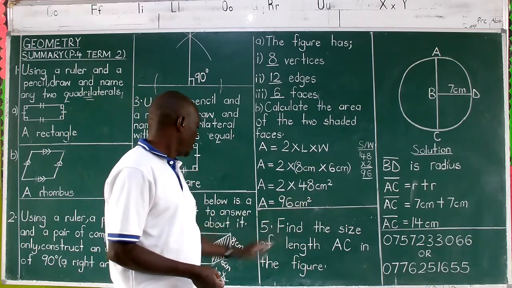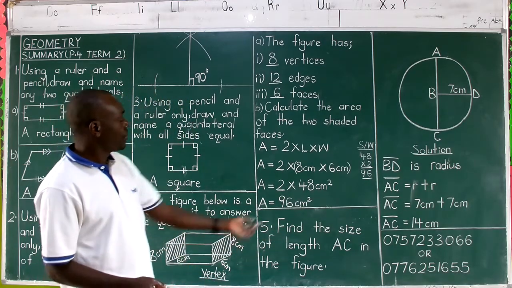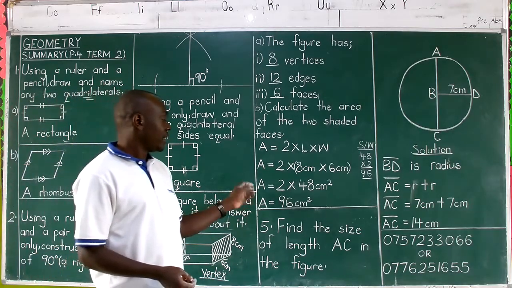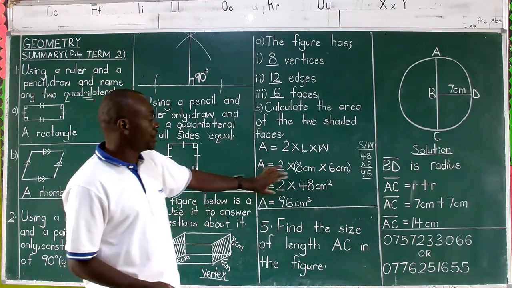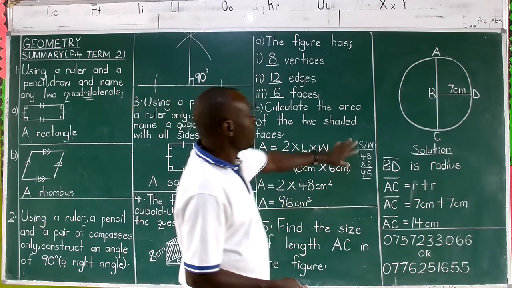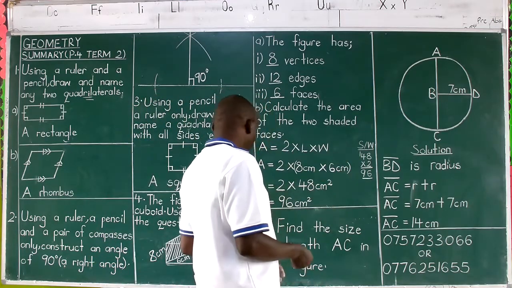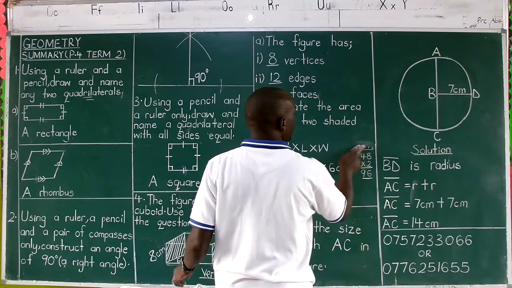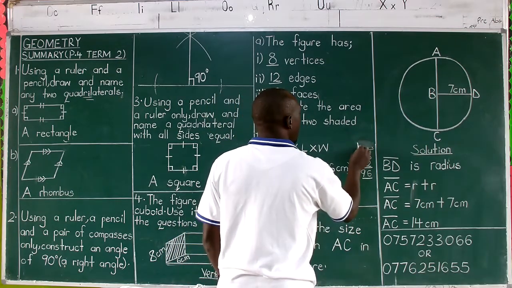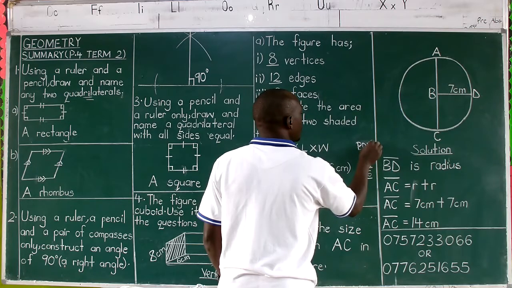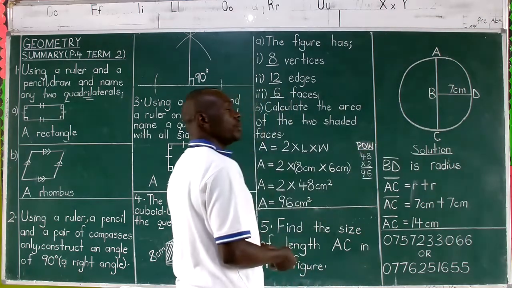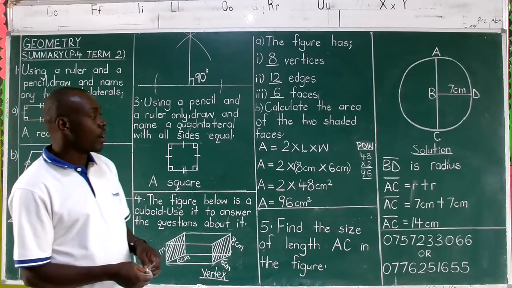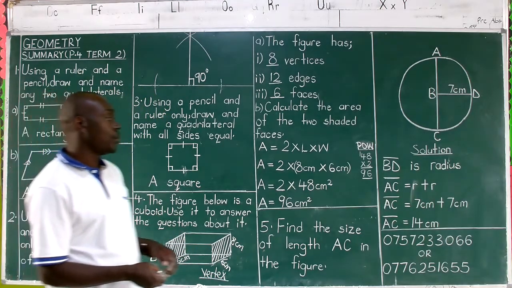So each face here is of this area 48 centimeters squared. But there are 2 and they are equal. So we say 2 times 48 centimeters squared. Put a side work, sometimes known as pound work. You are free to call it POW, meaning pound work. When we use pound work, what we are calculating for is the last example.